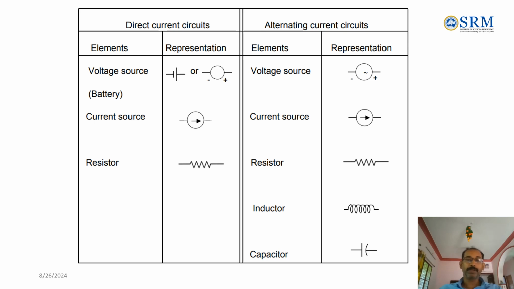So this positive plate is called plus and the negative plate is called minus. The resistance is represented with this symbol, the resistor. Voltage source of AC, current source again of AC. Resistor, inductor, capacitor are represented with these symbols.